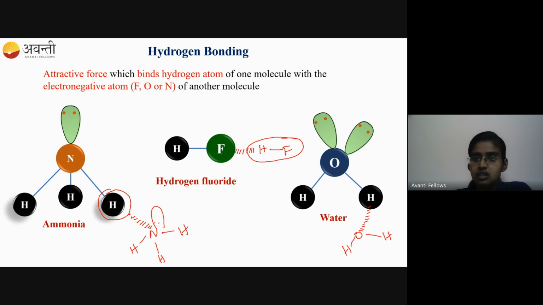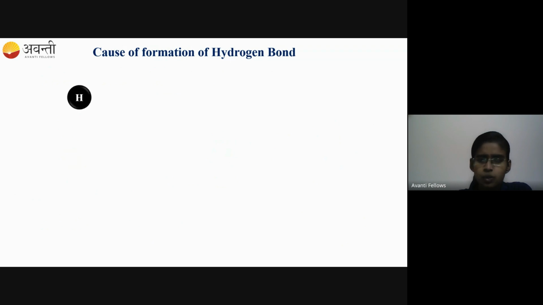Now coming to the cause of formation of hydrogen bond. Why is there a formation of hydrogen bond in a system? HF is there, and there are two electrons present between H and F. But fluorine is more electronegative than hydrogen, so fluorine will try to pull the hydrogen's electron towards itself.